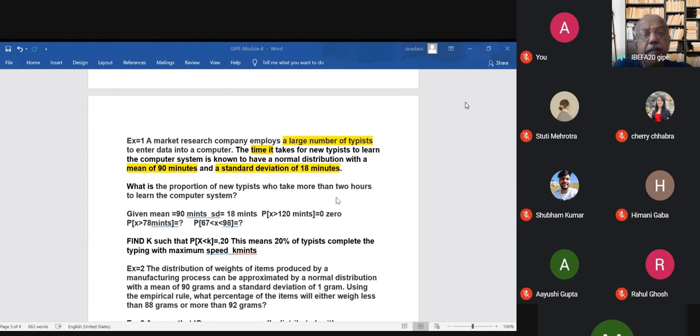Find the probability for greater than 120 minutes, greater than 78 minutes, between 67 and 98 minutes. Find K such that 20% of the typists have a completion speed below K. Look, the question is exactly similar to the binomial one, but here the variable is a continuous, measurable variable, typing speed.